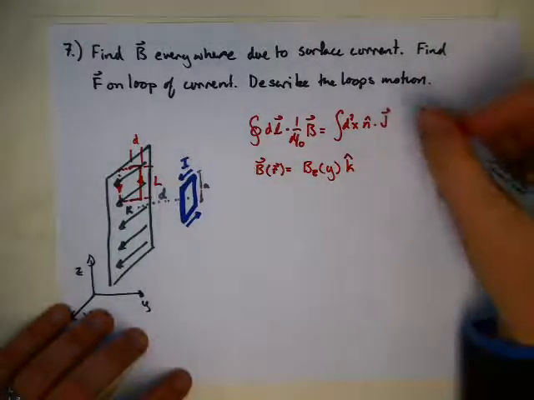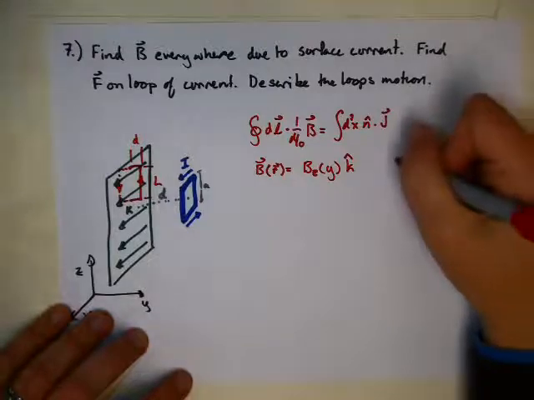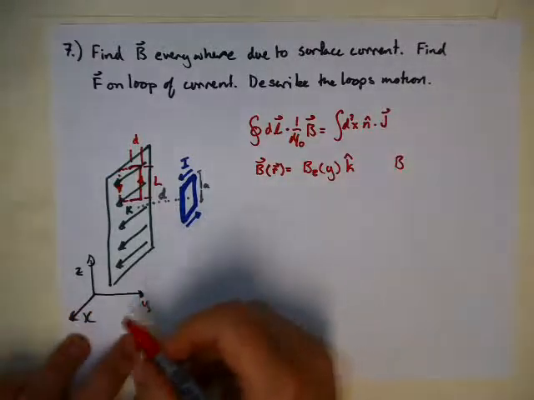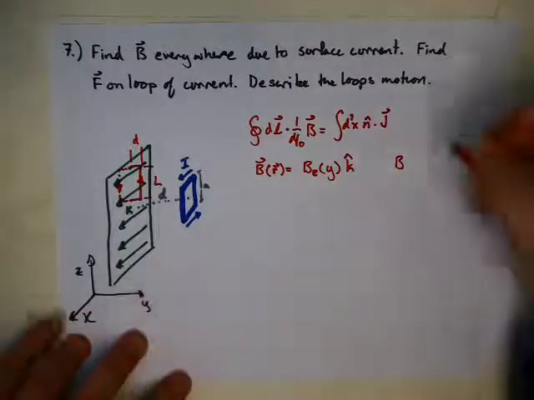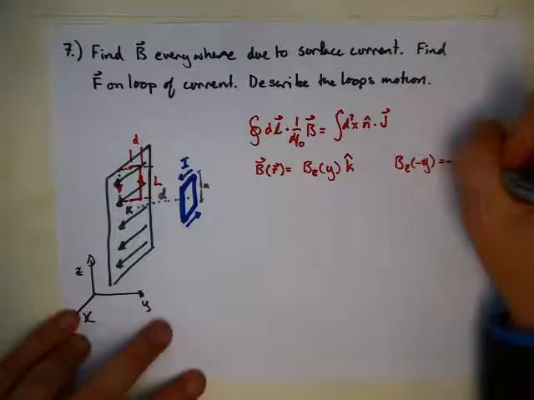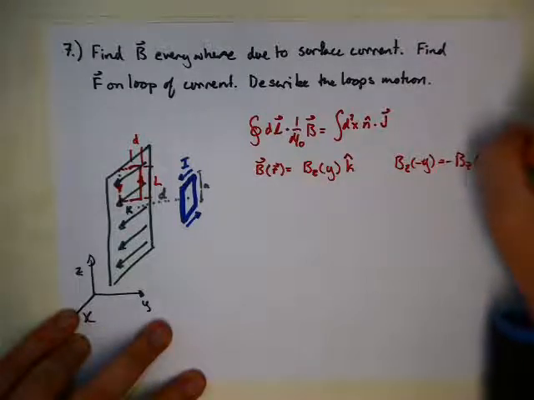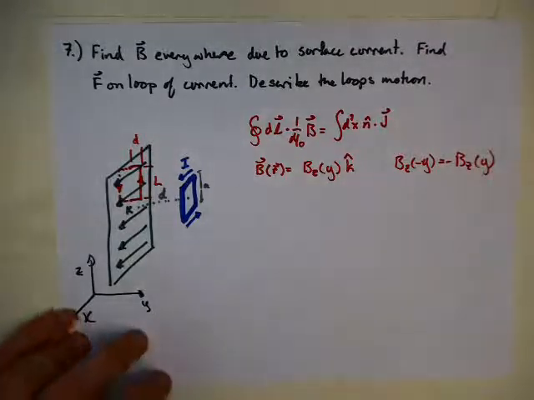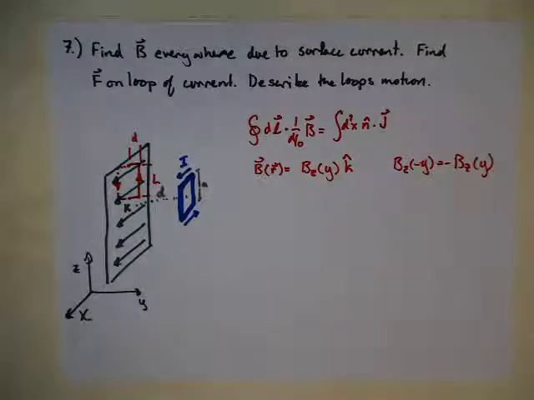Furthermore, for reasons of symmetry, if this plane is at y equals 0, I can argue that Bz of negative y is minus Bz of positive y. And so those are the two symmetries that we're going to use to find this.